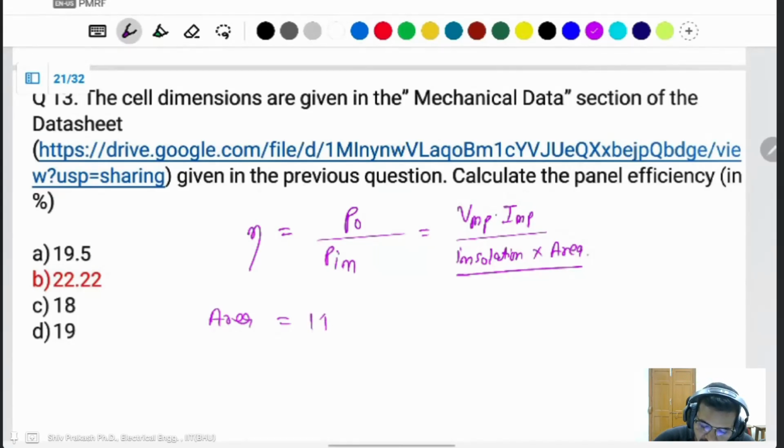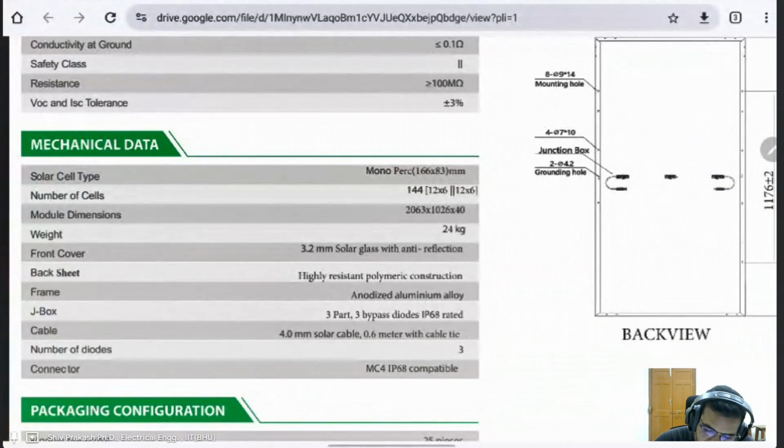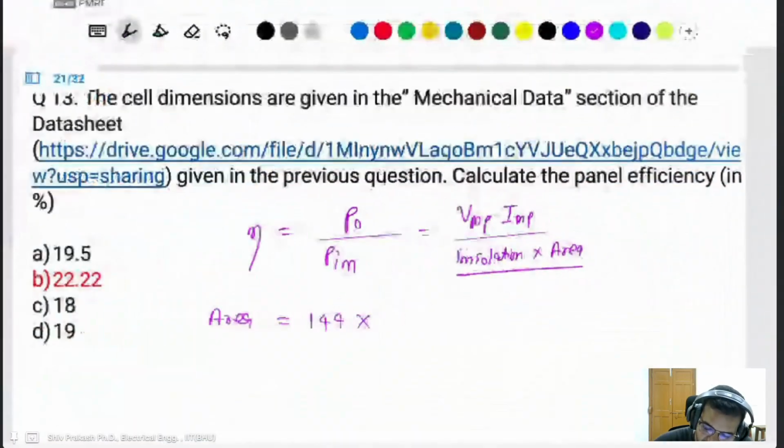Total 144 cells. Then what is the cell area? Cell size is given as 166 into 83 mm square per cell.